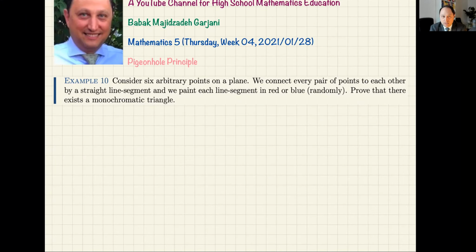Prove that there exists a monochromatic triangle. You know the meaning of monochromatic triangle: only one color. It means that definitely there is a triangle whose sides are all colored red, or there is a triangle whose sides are all colored blue.